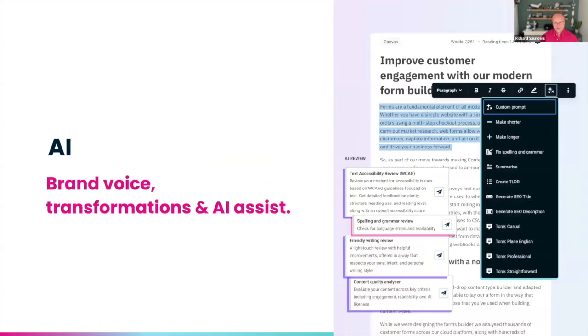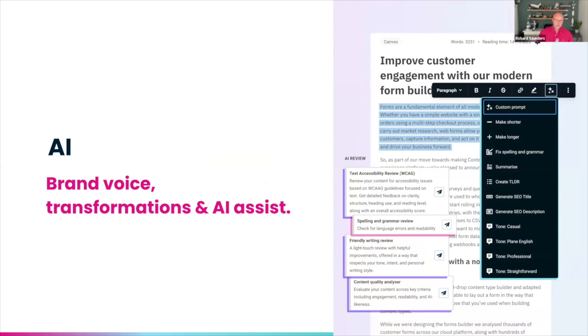And alongside that, we'll be doing a load of work around AI. We've been working on some AI assist features that analyze content and give you feedback on how you can look to change or update your content to improve it.